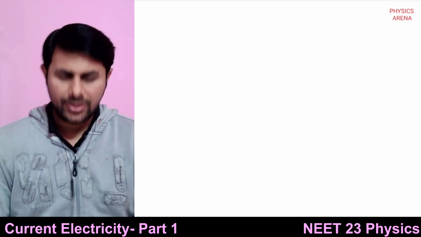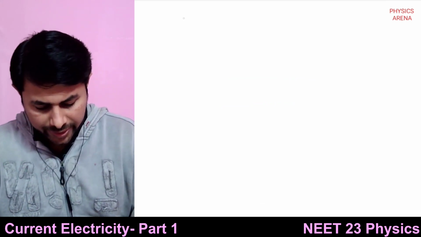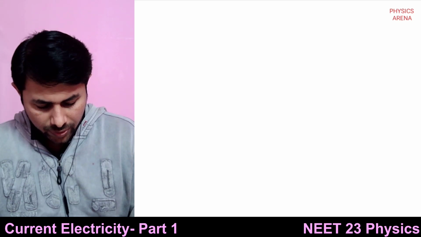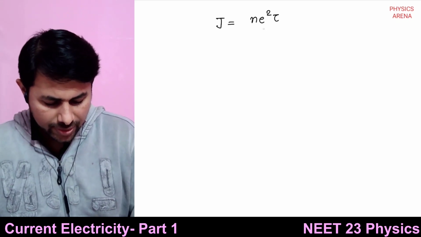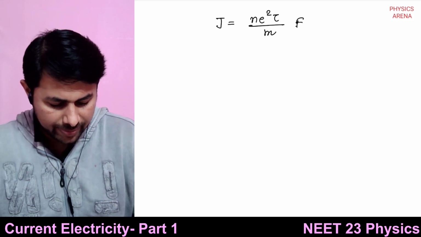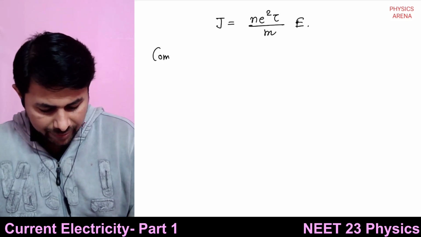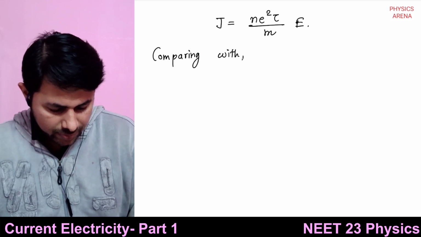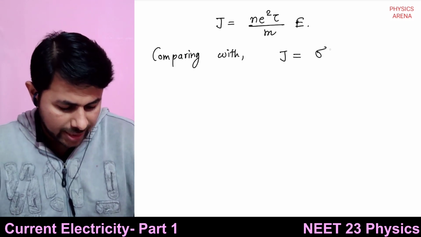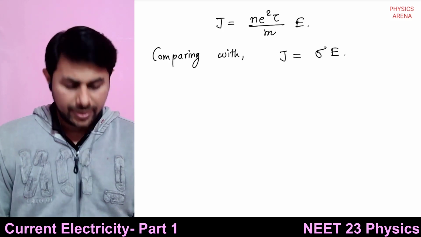So what is current density? It is n e square tau upon m multiplied by E. So remember our previous expression for current density. So here I can say J is equal to what? n e square tau upon m multiplied by E. So comparing with J is equal to sigma times E, what do we get?